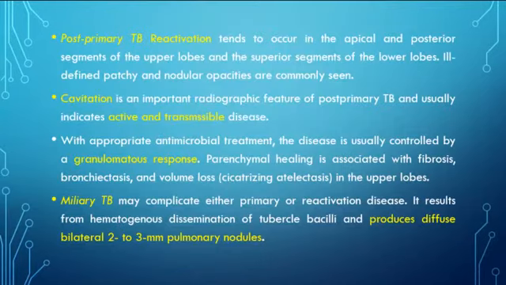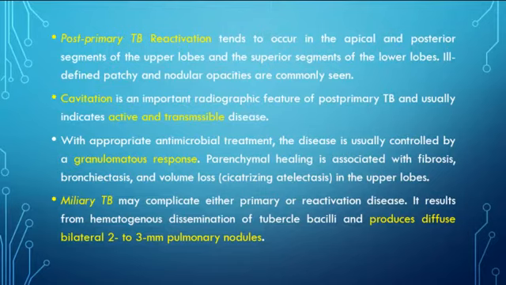And the most important is post-primary reactivation. It tends to occur in the apical and posterior segments of the upper lobes and the superior segments of the lower lobes, because these are well aerated, and that's why it tends to occur in these locations. Ill-defined, patchy, and nodular opacities are commonly seen. Cavitation is an important radiographic feature of post-primary TB and usually indicates active and transmissible disease.